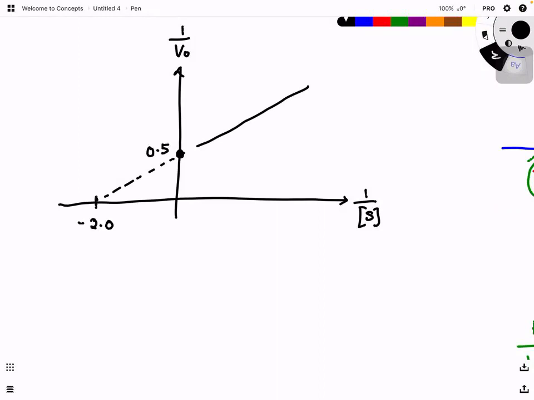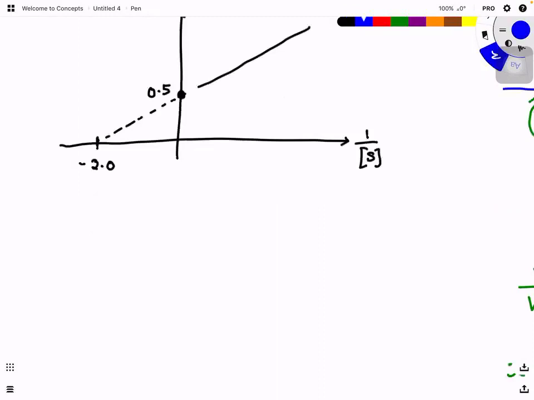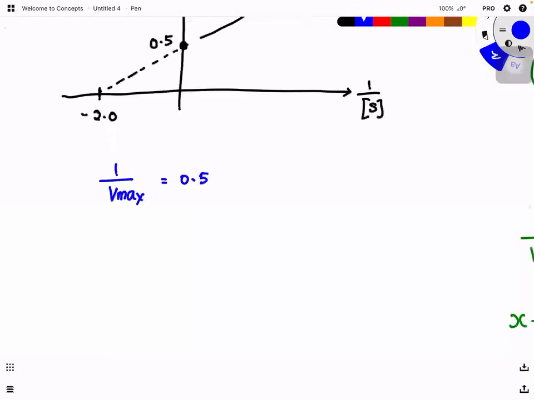So how do I get the Vmax value? I know from this graph that 1 over Vmax equals 0.5. If 1 over Vmax equals 0.5, therefore Vmax will equal 1 over 0.5, answer equals 2.